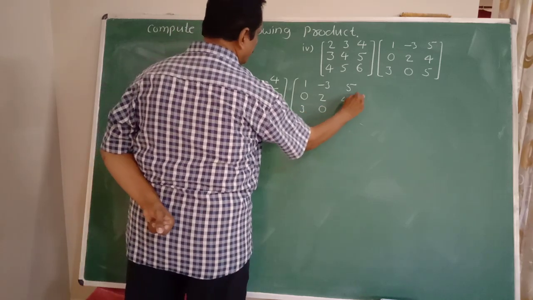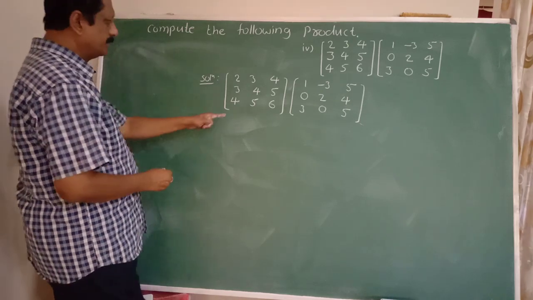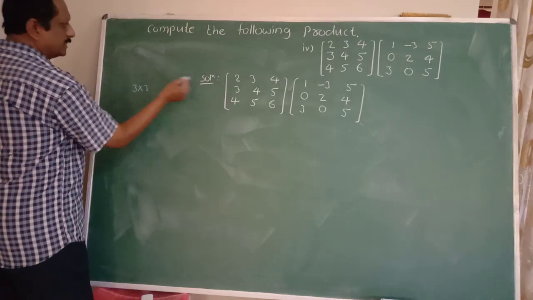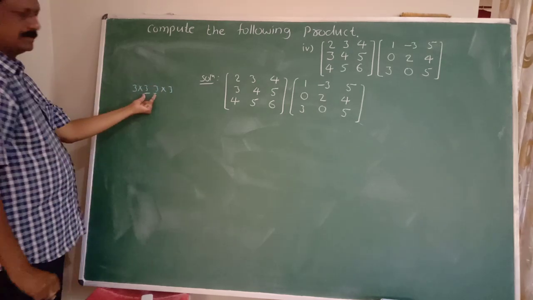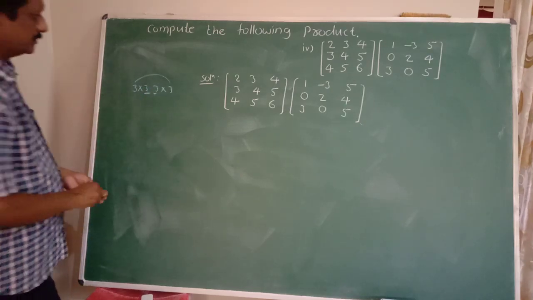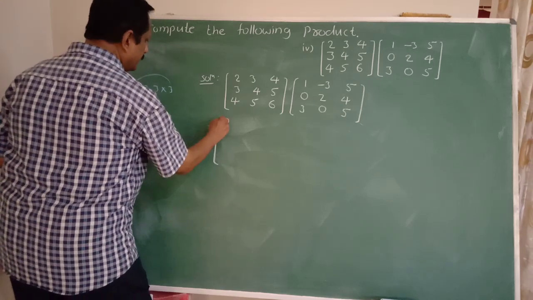Okay. So here is a matrix of order 3 into 3. The second one is also 3 into 3. Here these two are equal. After multiplication you will get a 3 into 3 matrix. So therefore this is equal to, okay, observe the steps here, very important.